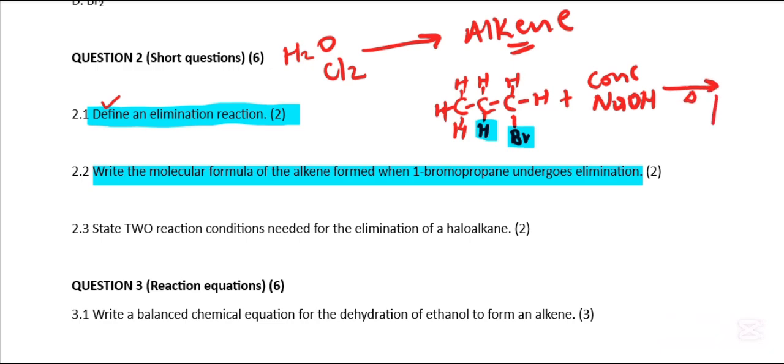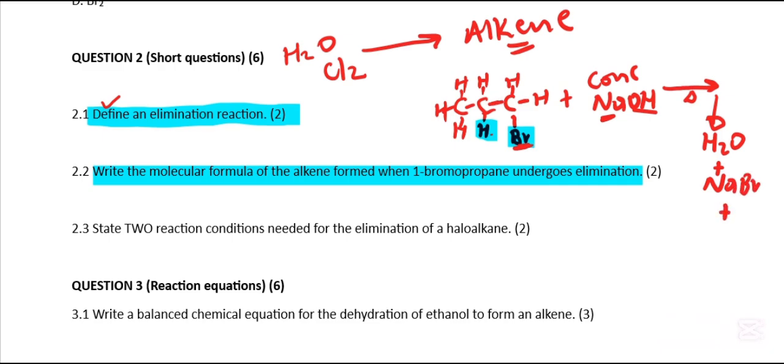So I will write the products here. When we remove HBr, the OH combines with the H, then we get H2O plus. Then Br combines with sodium, then we get sodium bromide plus the organic compound.